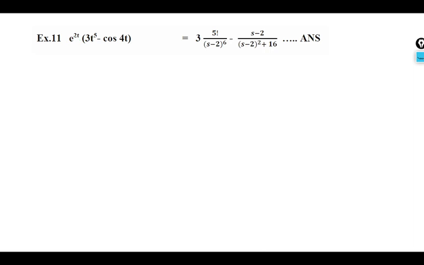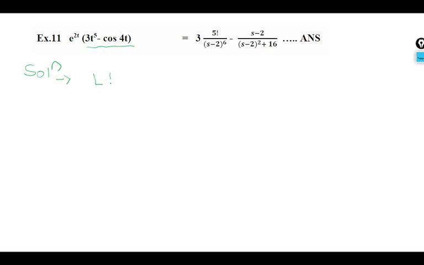So straightforward, an exponential term into some f of t is there. So we have to use that first shifting property. In a solution, you can approach in any way. I will first take the Laplace of this bracket and then I will use the shifting.